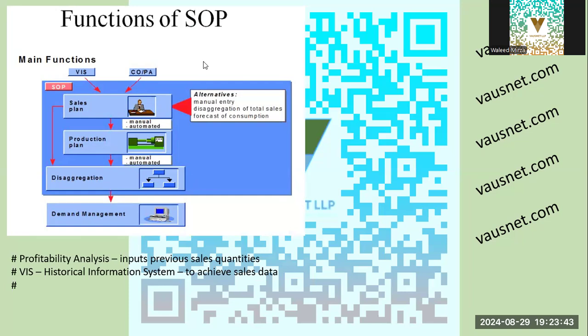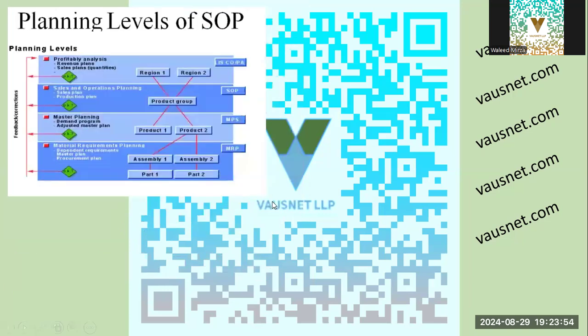Okay. COPA is profitability analysis. It's the finance and the sales guys sitting together to see what will be the profitability if we have a quantity plan. Okay. There are levels, and the levels, as I mentioned earlier, profitability analysis analyzes regions, sales of regions like North America, Australia, these kind of regions.